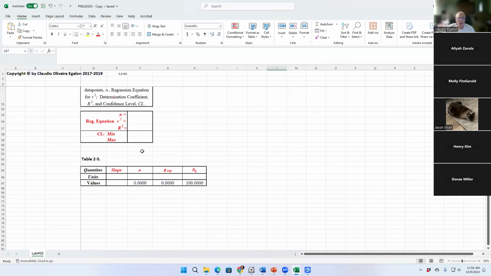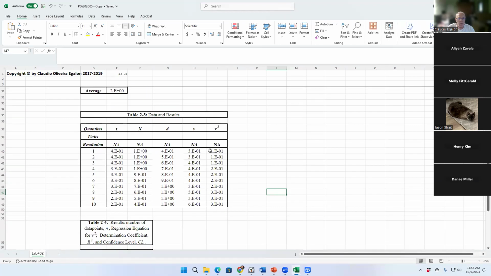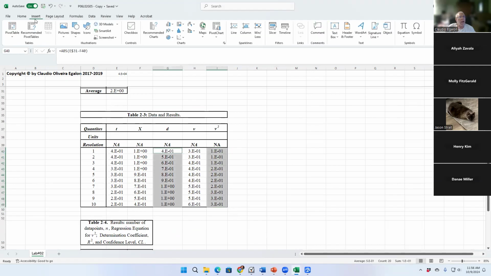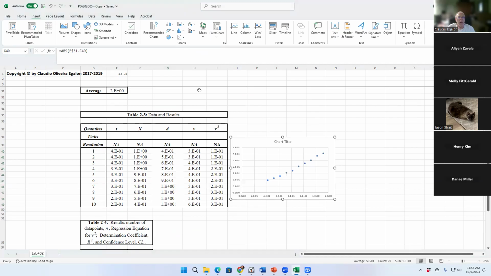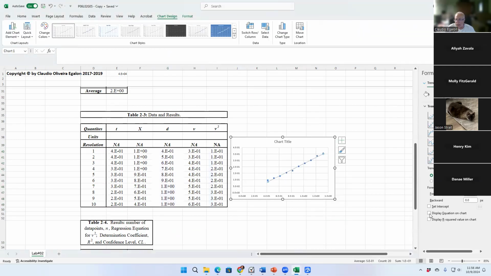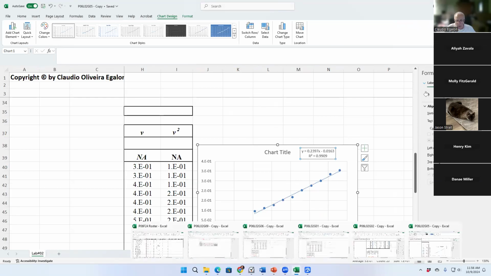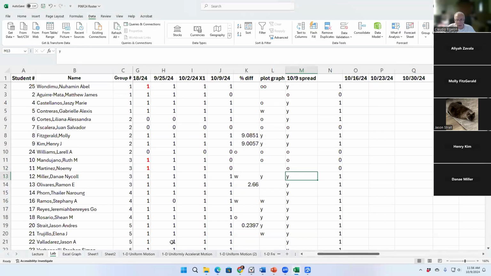Loading. Okay. So I'm going to plot V square and D chart. Slope, trend line, display equation on chart: 0.2397. Is that what you got? 0.2397.